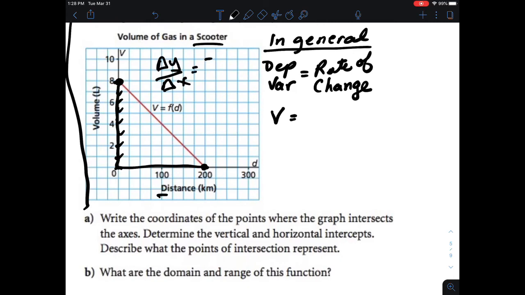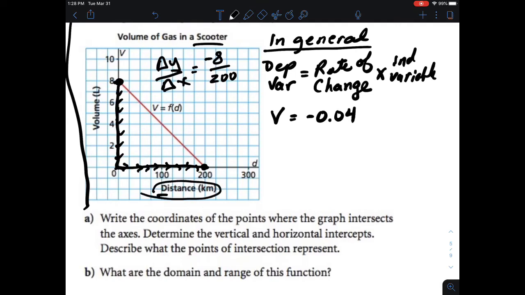And you can see here my change in y is -8 because I went down 8 and then to the right, positive direction, 200. So that's my rate of change. And I want to reduce that. So I'm going to call it -0.04.